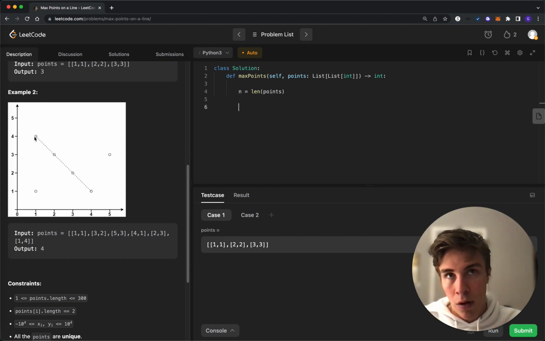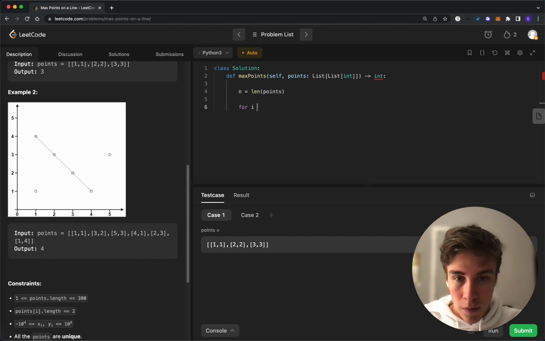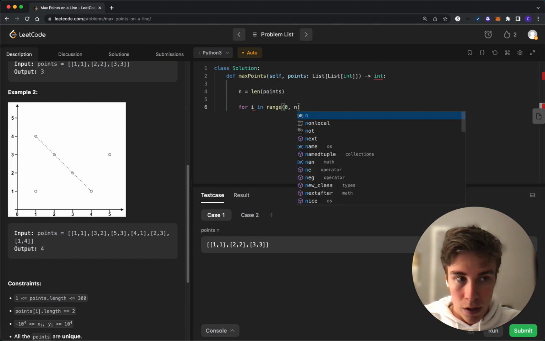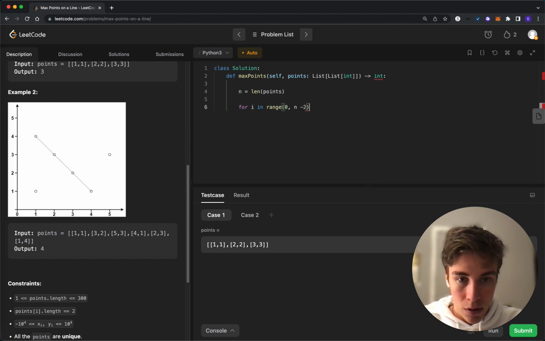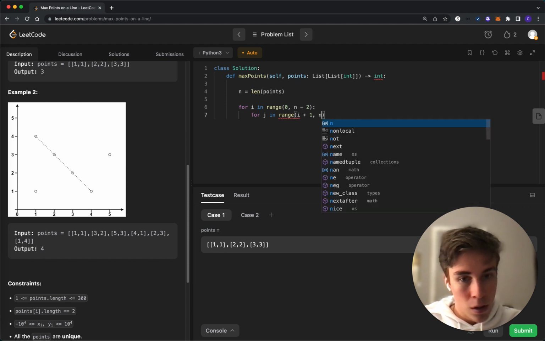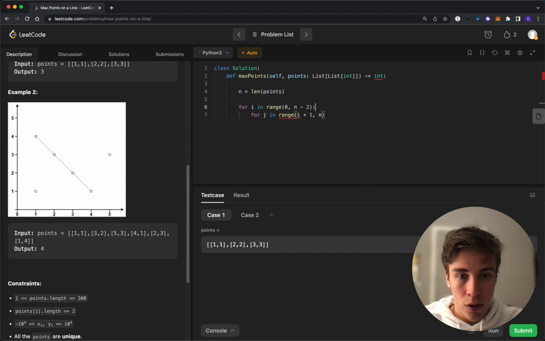If I'm looking at this line, at this point here, and this is my starting point, this is for i in range from 0 to n minus 2, and for j in range i plus 1 to, actually this would be minus 1.